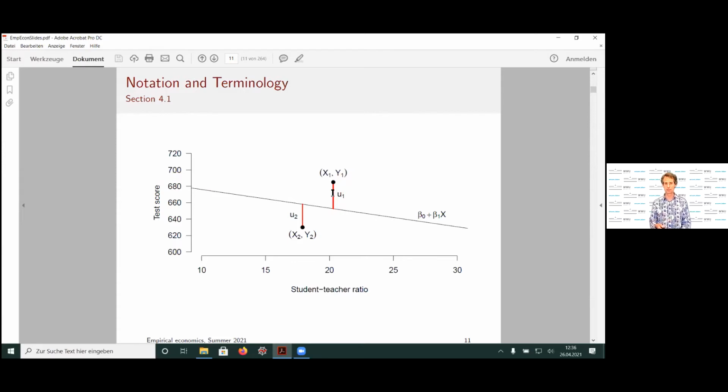If we go over to the second school district, which has smaller classes, so it's only about 17, but the test performance is only 630 or so, 620. So we have a negative error term here, and the u2 is the red distance I just showed here. Okay, so these are the error terms. The error terms are responsible for the deviations from the regression line.